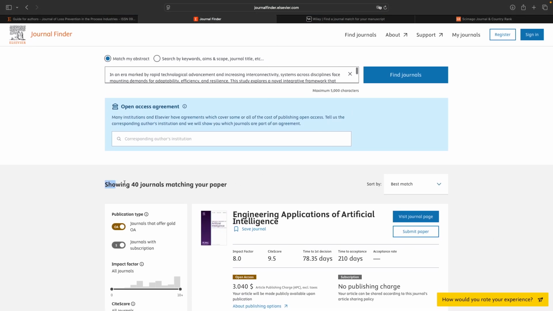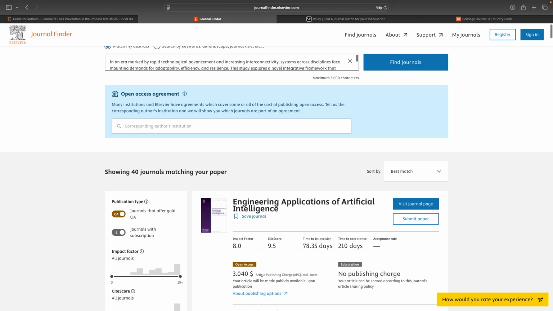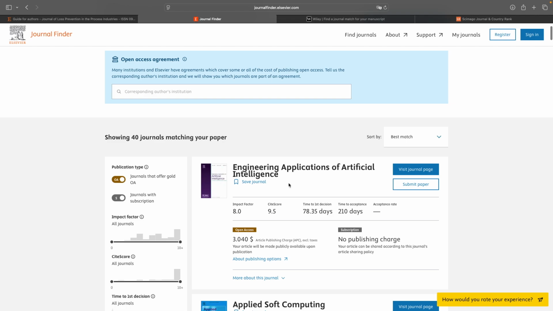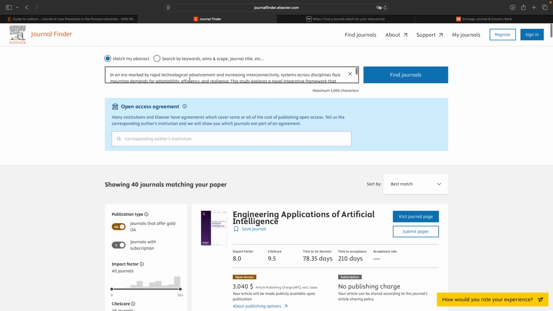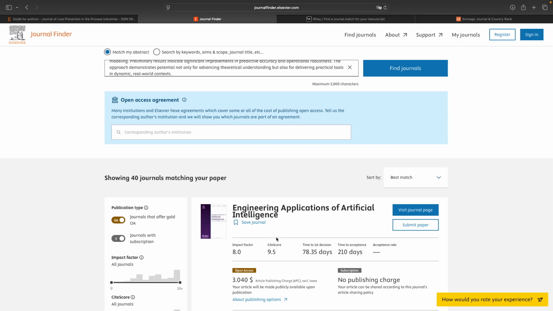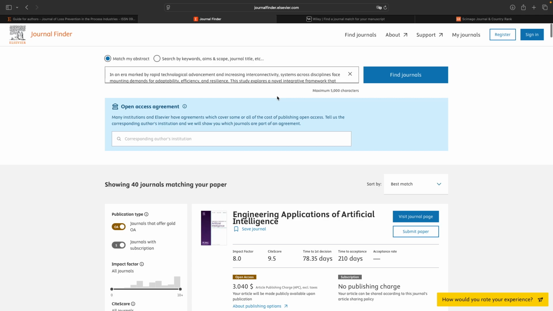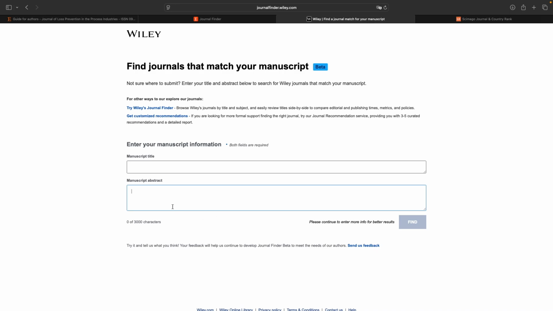But of course, you have to watch out, just prove if this is really the journal that suits the topic, because sometimes the abstract does not really match the presented journals. Other big publishers also offer this journal finder on their websites. For example, Wiley does also have the same.